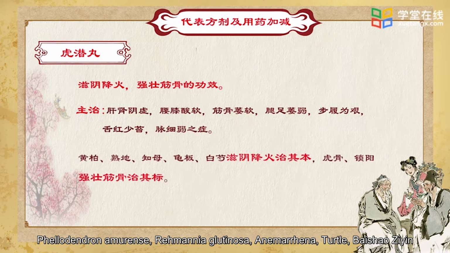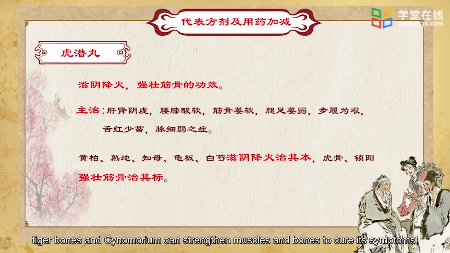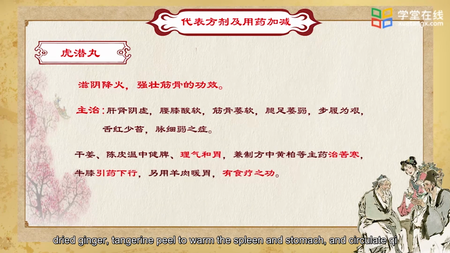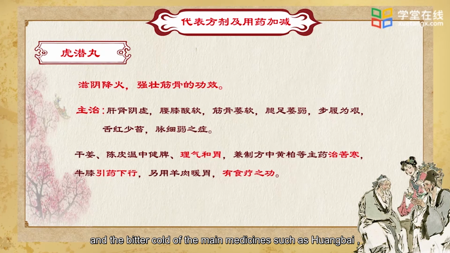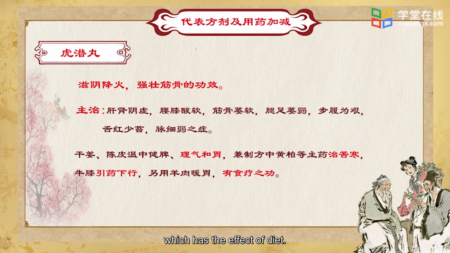Among them, 黄柏、熟地、知母、龟板、白芍 lower the fire and cure its roots. 虎骨 and 锁阳 can strengthen muscles and bones to cure its symptoms. 干姜 and 陈皮 warm the spleen and stomach and circulate qi, and balance the bitter cold of the main medicines such as 黄柏. 牛膝 guides the medicine downwards, and mutton warms the stomach, which has the effect of diet.